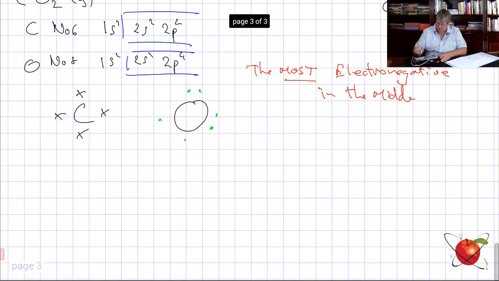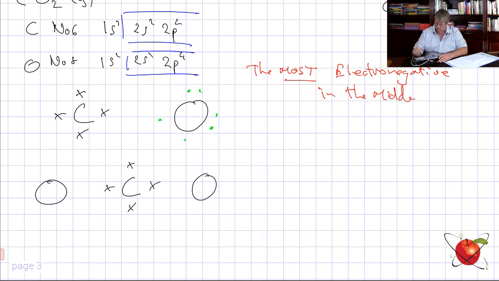Well, essentially what you do is you know the carbon is going to link to 2 oxygens, right? So there's going to be an oxygen on each side. So let's put the carbon in the middle, and let's put the oxygens on either side, all right?